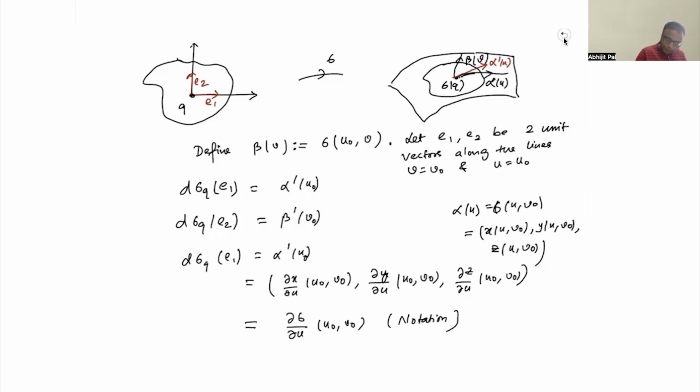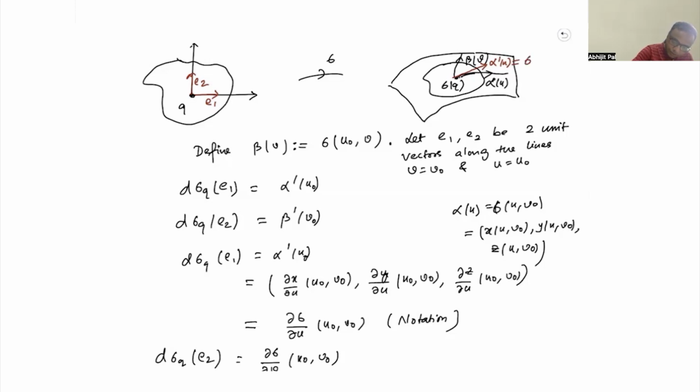Similarly, if I take d sigma q E2, this is del sigma del b evaluated at the point (u naught, v naught).